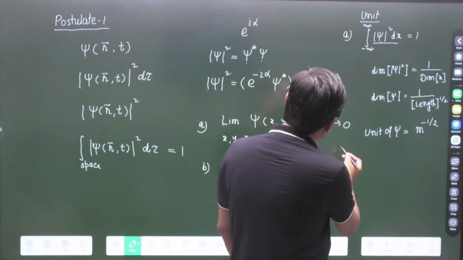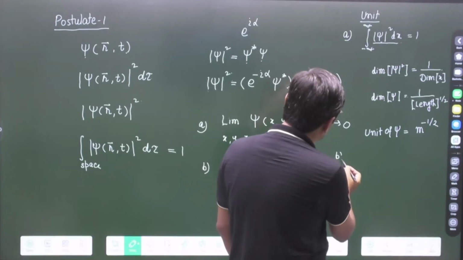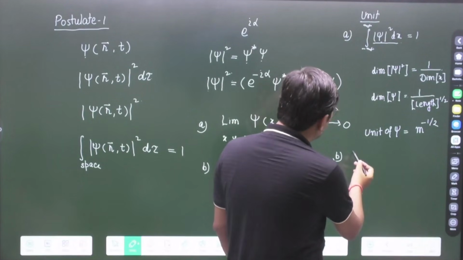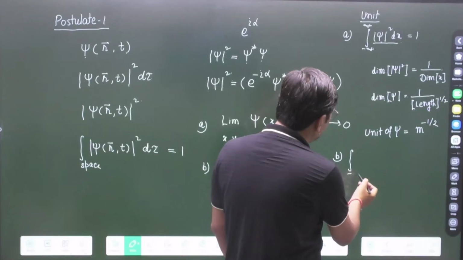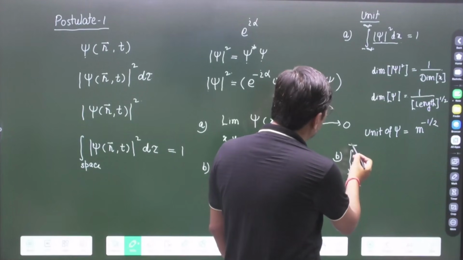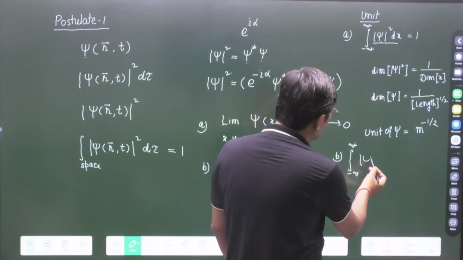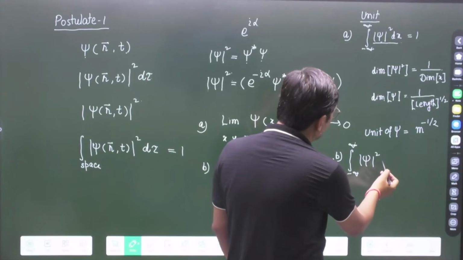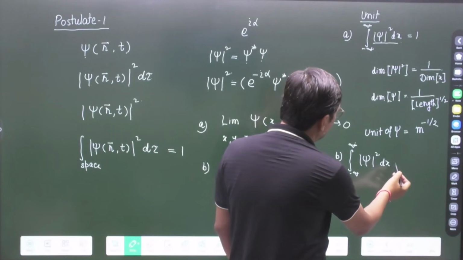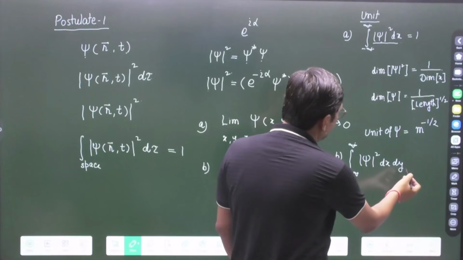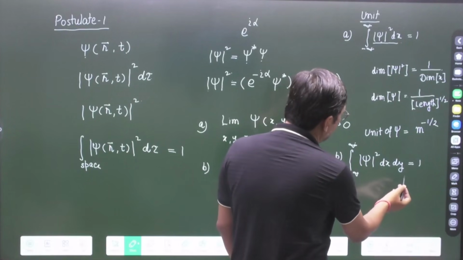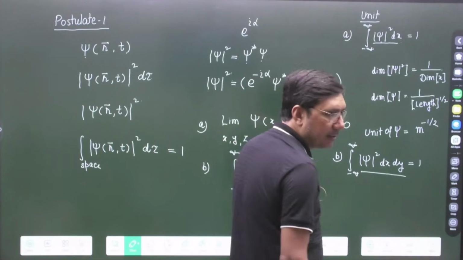Now suppose you are dealing with a 2D problem, then it will be the integral from minus infinity to infinity of psi square dx dy, and this is equal to 1. So this quantity is dimensionless.